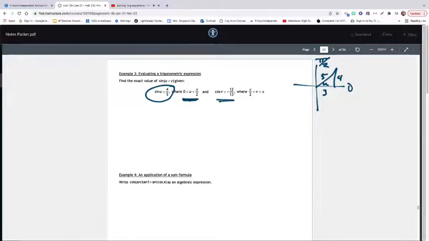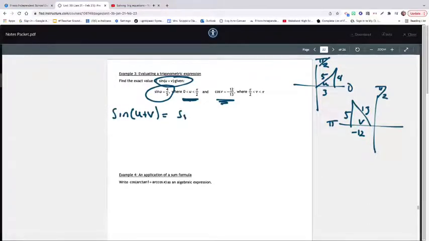Angle v needs to be in the quadrant pi over 2 to pi, which is in the second quadrant. And cosine is x over r. This is a 5, 12, 13 triangle, so this is angle v. So now you can use your formula. They want me to find the exact value of sine of u plus v.